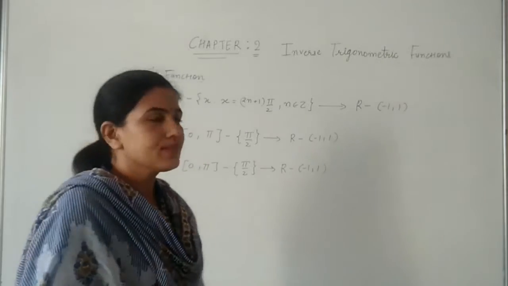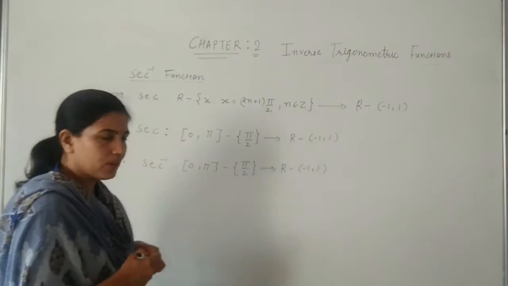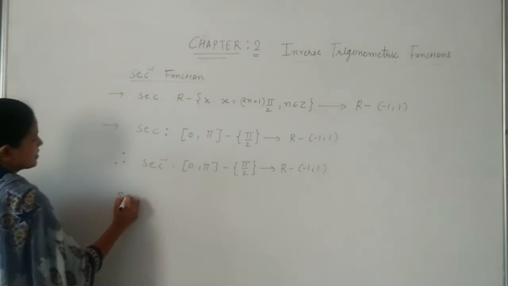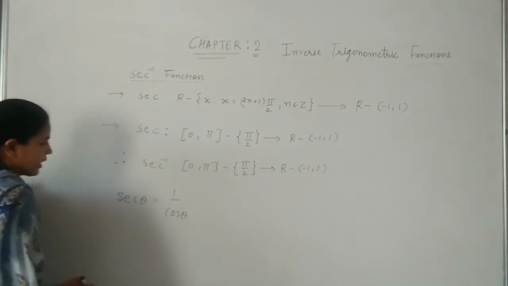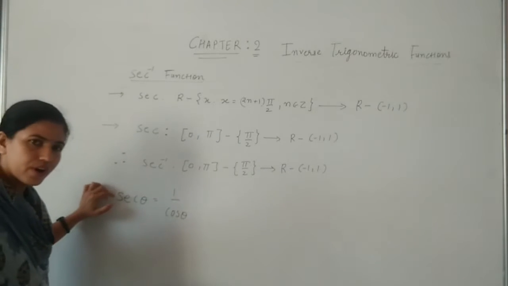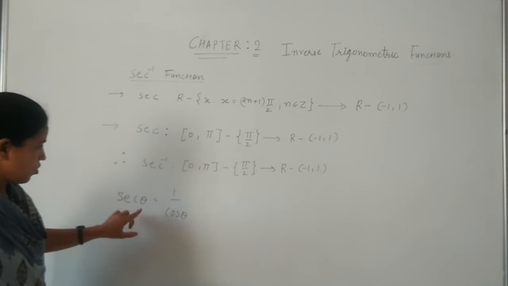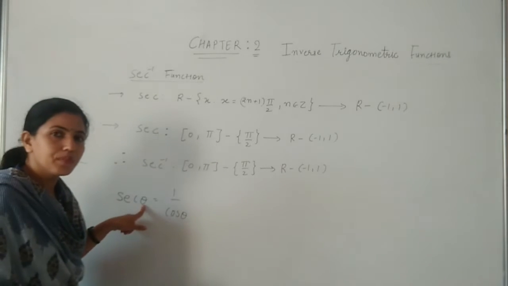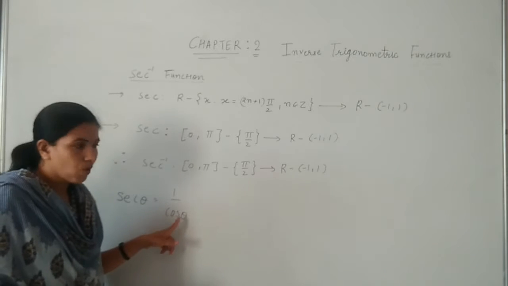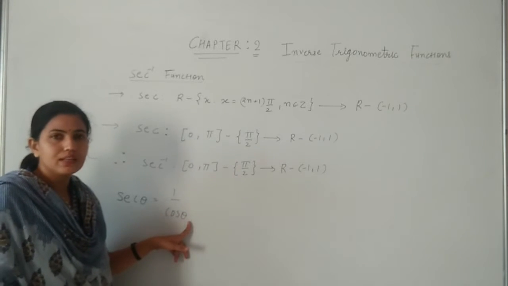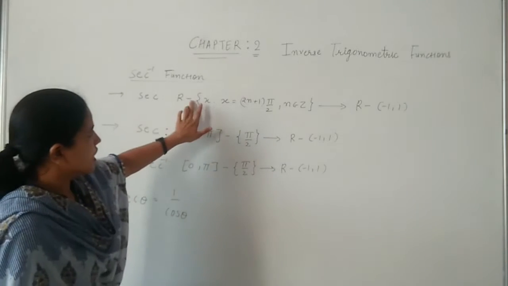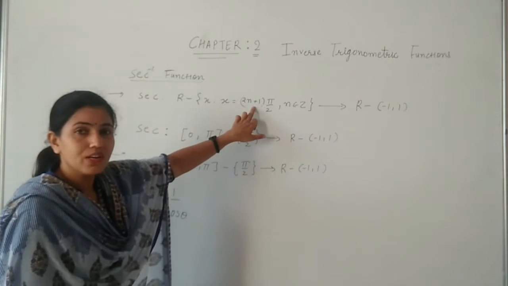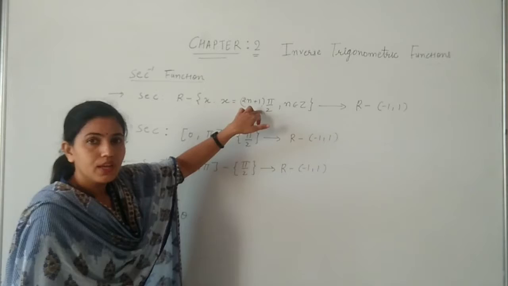So what is the sec function? That is, sec θ equals 1 upon cos θ. So sec is defined for every real number, but whenever cos θ is 0, sec θ is not defined. Now in this case, we have to take R minus. Why are we taking (2n+1)π/2?